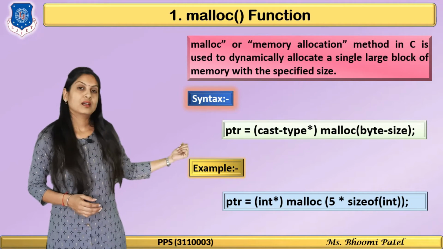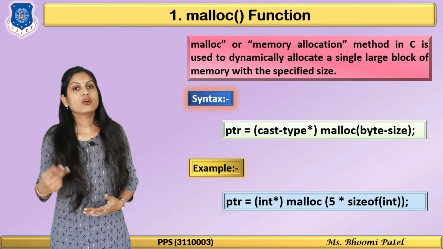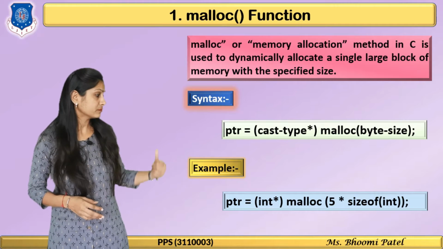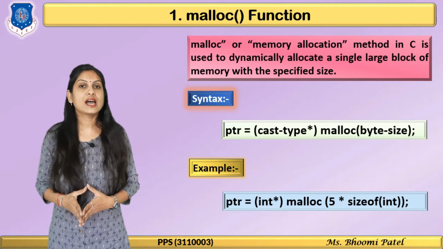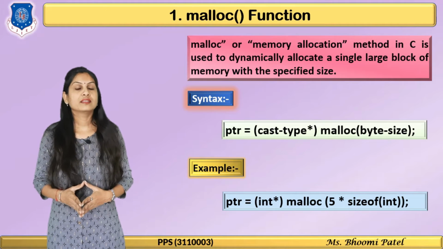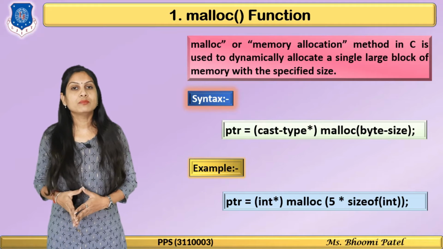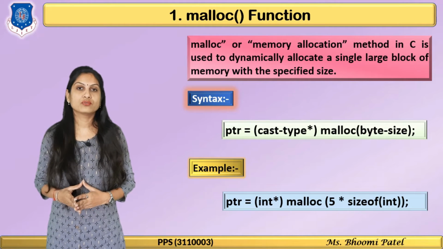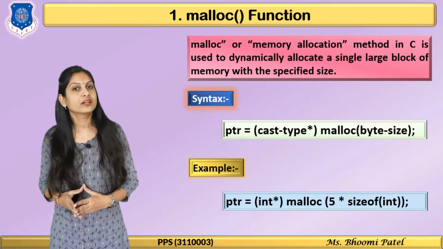So here I am writing sizeof(int), and it occupies 2 bytes or 4 bytes. Clear? So the malloc function, calloc function, all these functions are inside one header file, that is stdlib.h. So whenever you are writing a program using these functions, you must add this header file, stdlib.h.